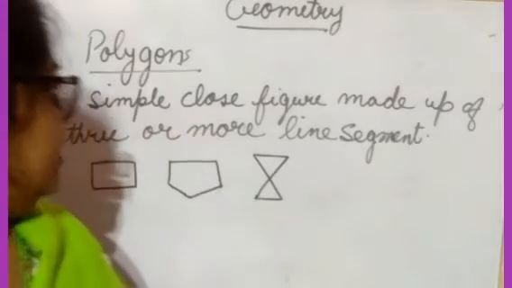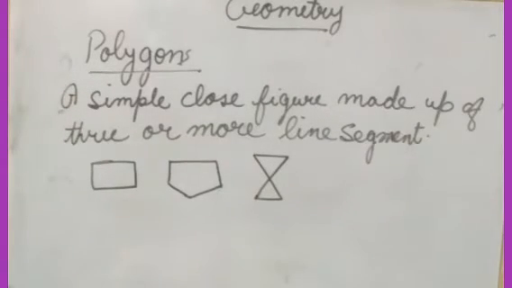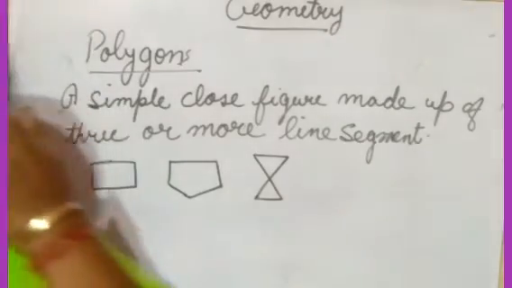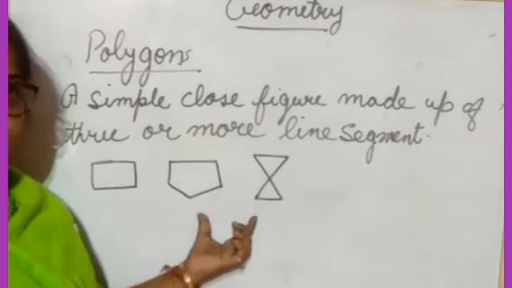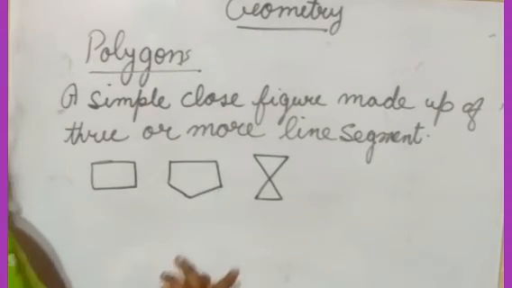This is also made up of 3 or more line segments, so it is also a polygon, and this one is also a polygon. A polygon is a closed figure made up of 3 or more line segments.